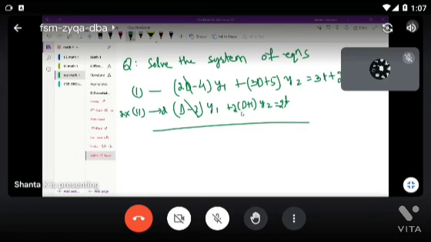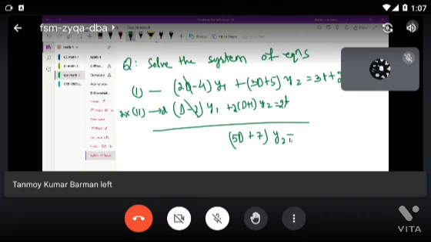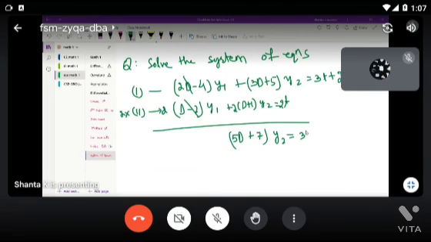So you add it. 3D plus 2D is 5D, 5 plus 2 is 7, y2 equals 3t plus 2t is 5t plus 2. See, this one is much easier. Got it? This is how you can do the cancellation.